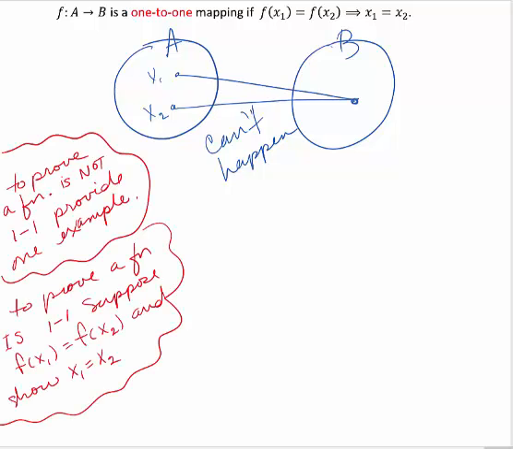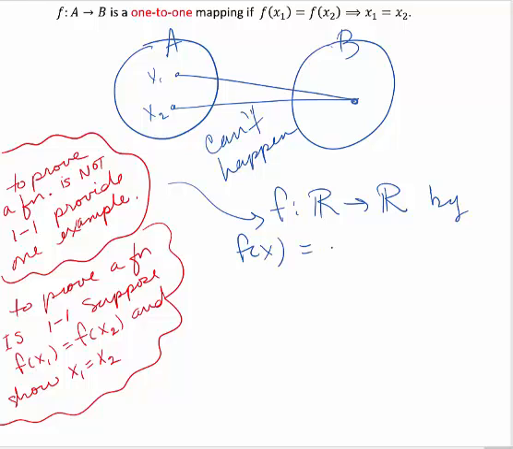So in red here are two important techniques of proof. You should add them to your list of how to prove things. If you want to prove that a mapping or a function is not one-to-one, you just have to provide an example. I'll show you an instance of that. Let f map the real numbers to the real numbers by f of x is equal to x to the fourth.